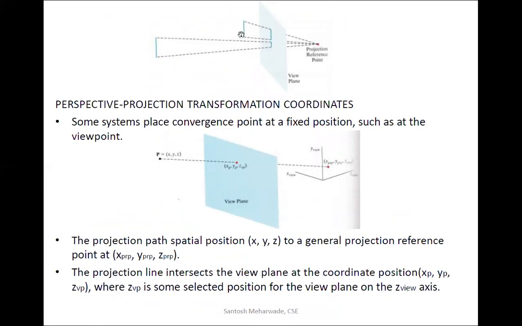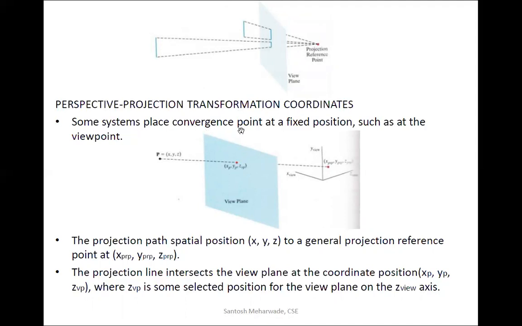But if you take the same line away from the view plane, its shadow, or its reflection, will become smaller on the view plane, so this viewer thinks that the line is smaller. Because of this non-relative proportionality, we get a kind of confusion about whether the object is bigger or smaller.